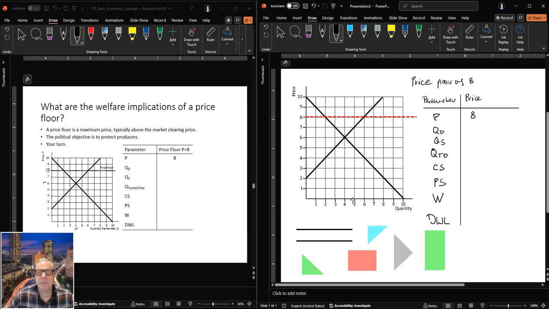So if the price is 8, how big is quantity demanded? Well, that's 2. Quantity demanded is 2. Quantity supplied is 6. Okay, so now what we can see here is we have excess supply.